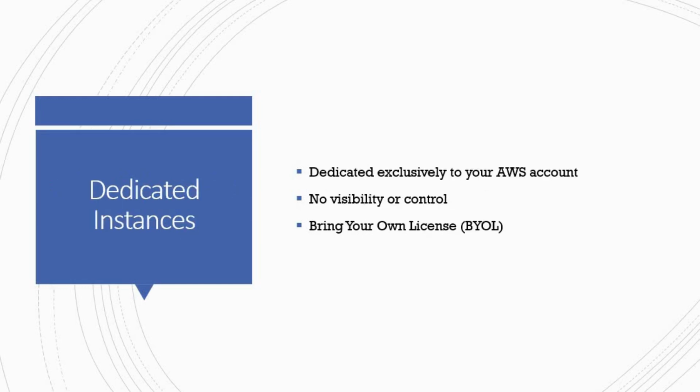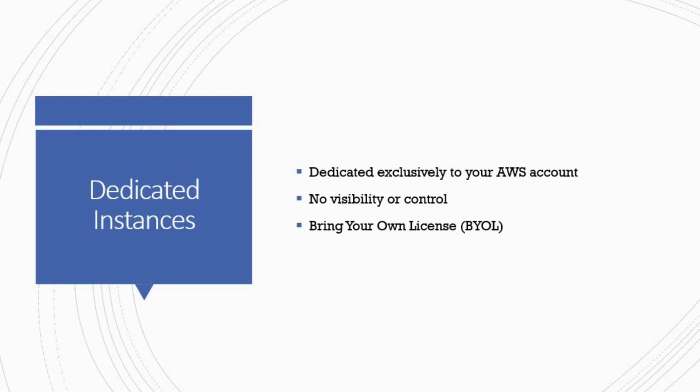About the dedicated instance: in dedicated tenancy we have two types. One is the dedicated instance. A dedicated instance is a virtual machine run on hardware dedicated exclusively to your AWS account, ensuring no other customer's instance shares those servers.